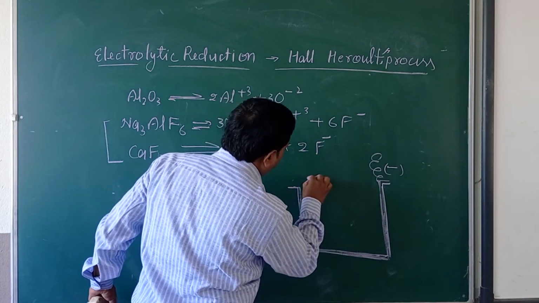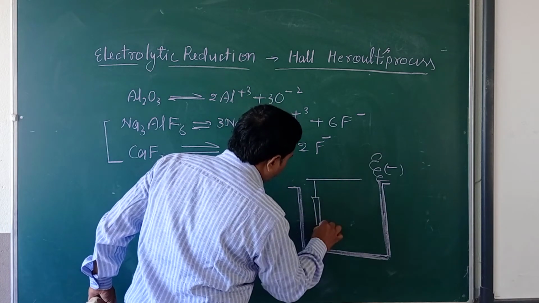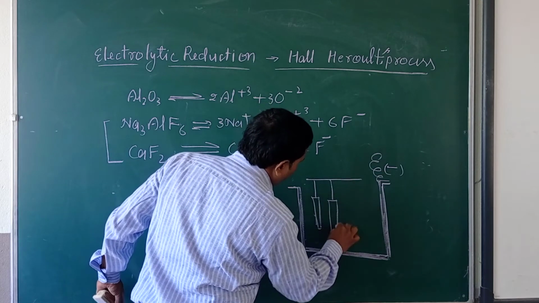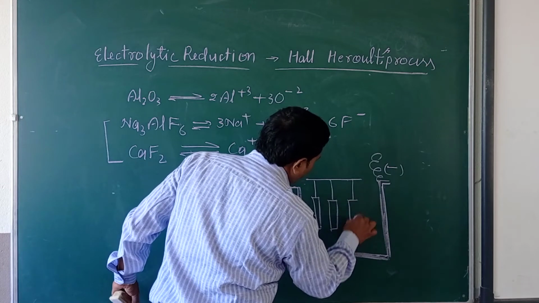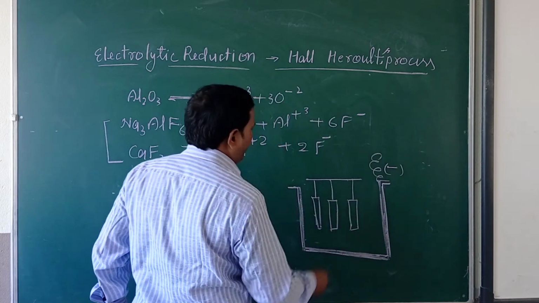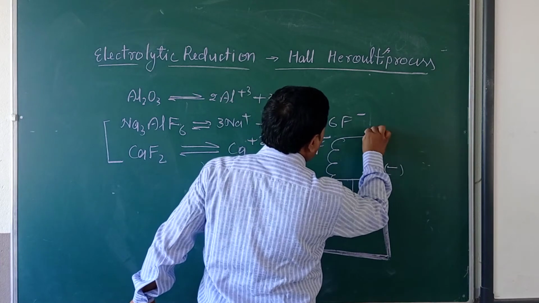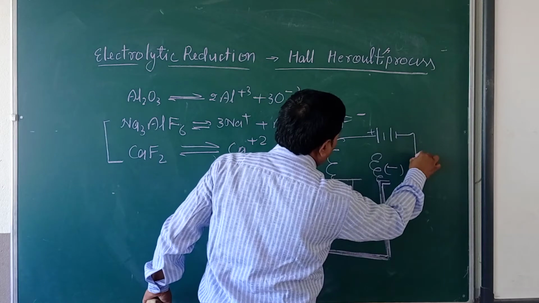Here the carbon rod acts as the anode. You can use two or three rods. The rods act as anode, and the lining acts as cathode.